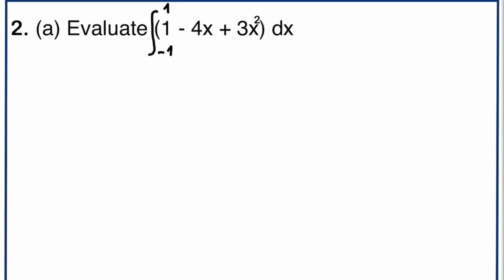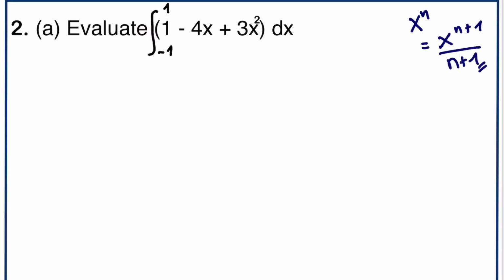So let's move to the next question. Let us continue with question 2. Question 2 is integration. The first thing you need to know is the formula for integration. If we have x to the n, to integrate this is going to be x to the n plus 1, divided by n plus 1. n is simply the power. So this is a formula you need to use.